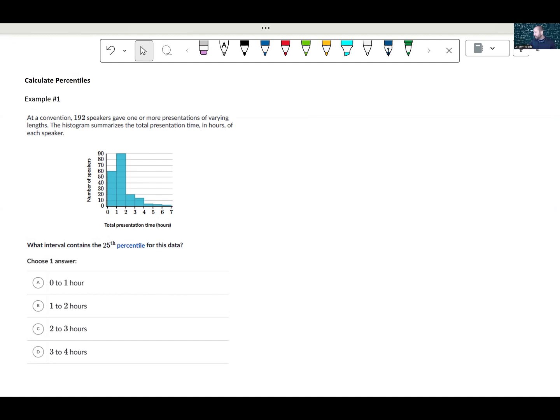So when it's asking us to find the interval, we're going to use the formula called the percentile position formula. The percentile position formula is used when you're given a percentile and you want to find the value or the interval.